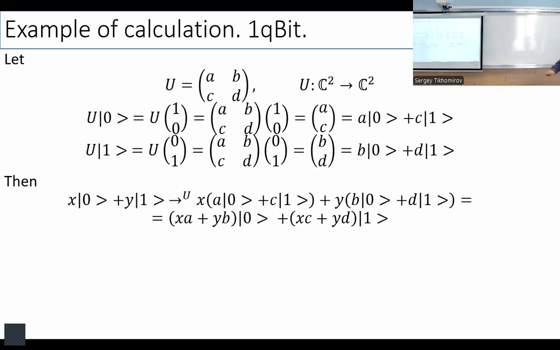I open brackets and regroup, the same as I do with linear spaces. So you do this as a formalism, and I actually recommend looking at this as a formalism, at least in the beginning.